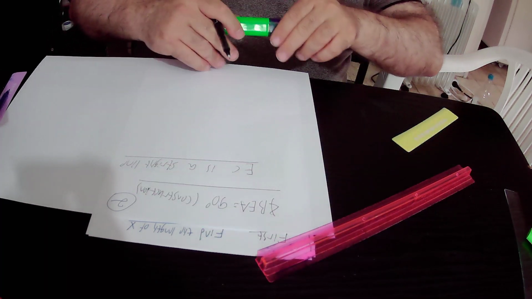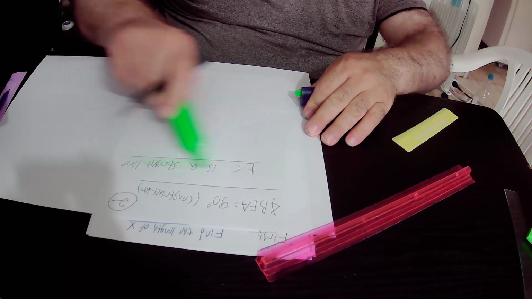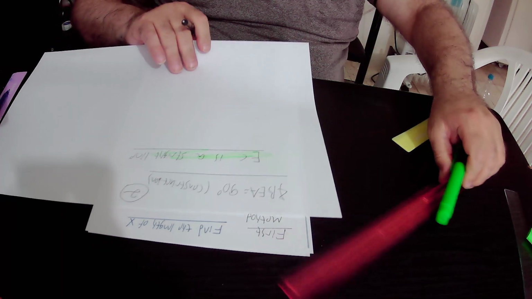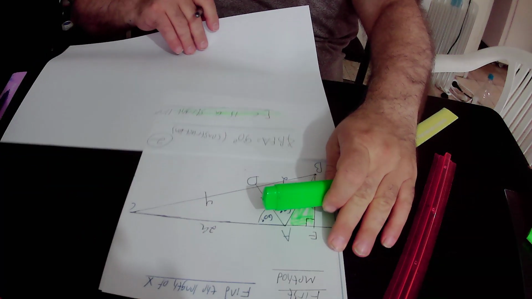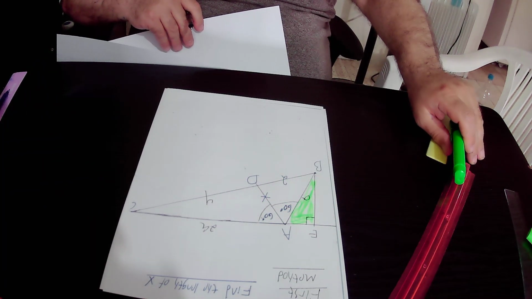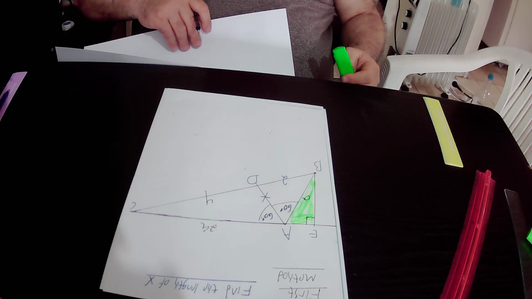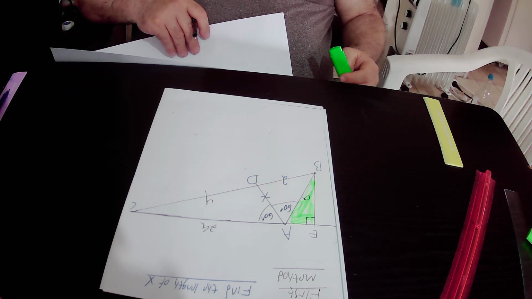We know that EC is a straight line. And we have the rule that the sum of the angles on one side of a straight line is equal to 180 degrees. Okay?